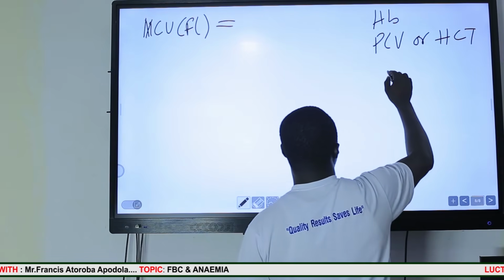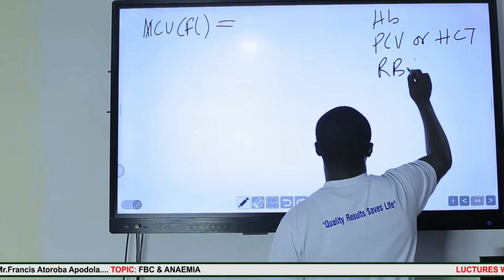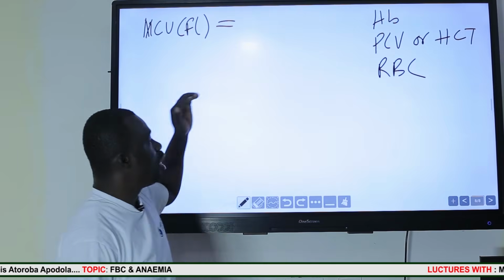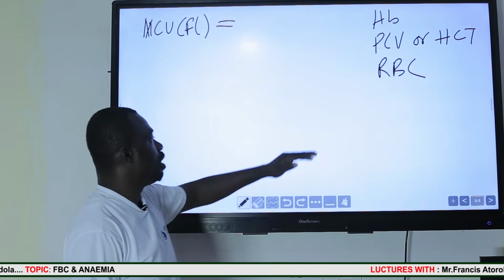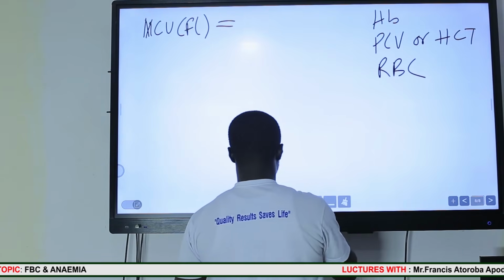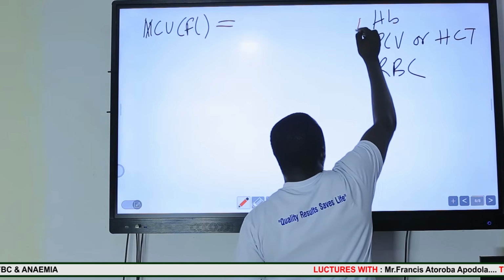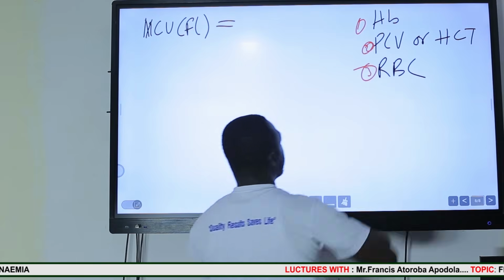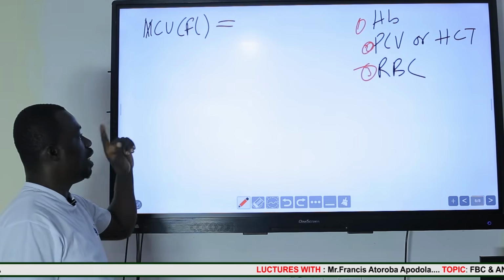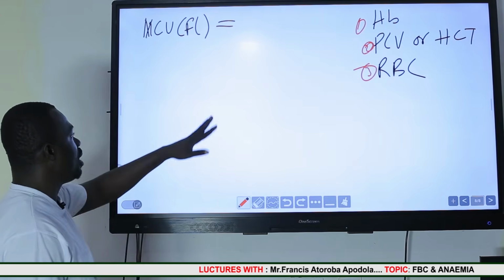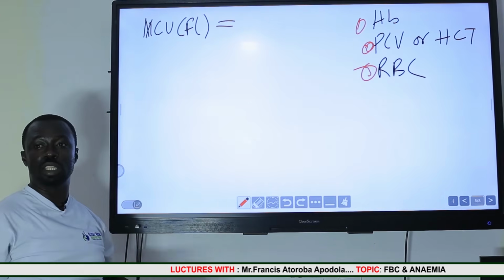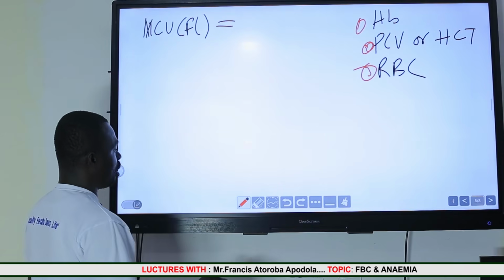Then we also need the RBC. So let me number them: 1, 2, 3. The HB, PCV or HCT, and RBC. These are the parameters we use in calculating the red cell indices.